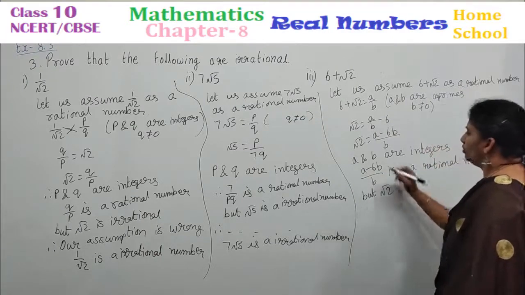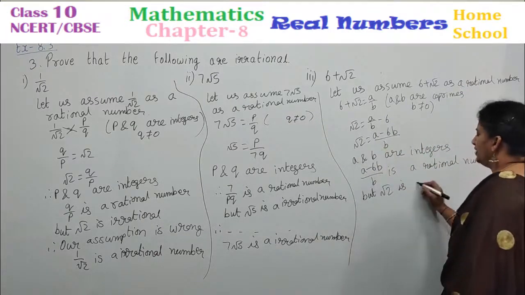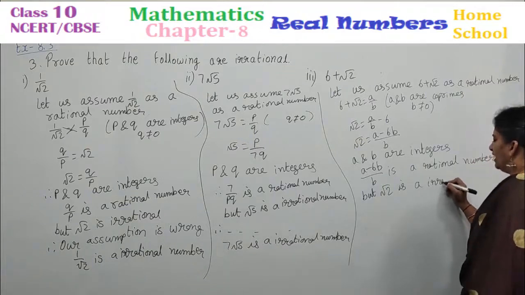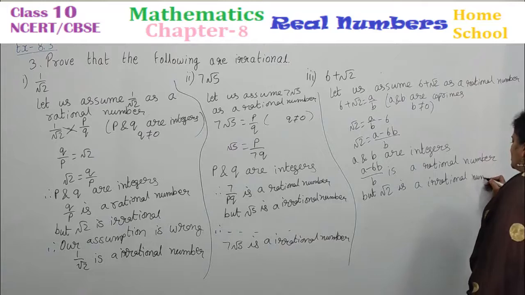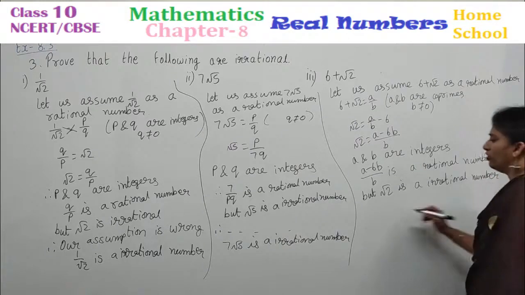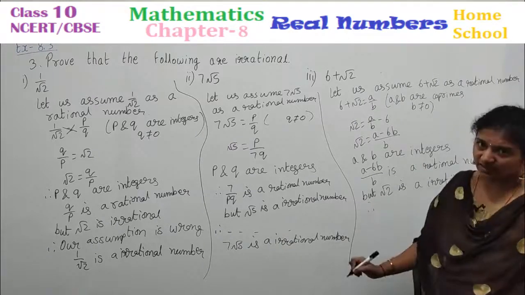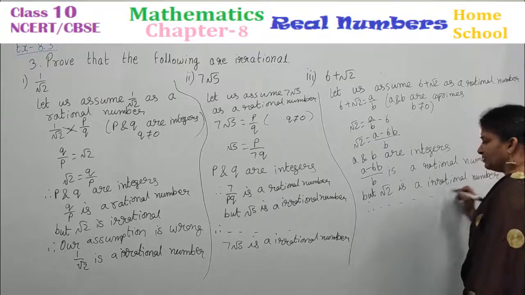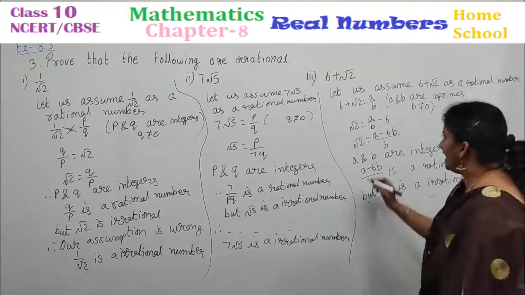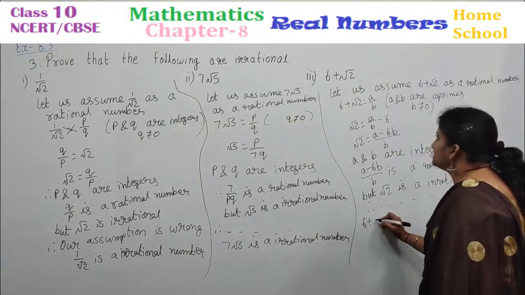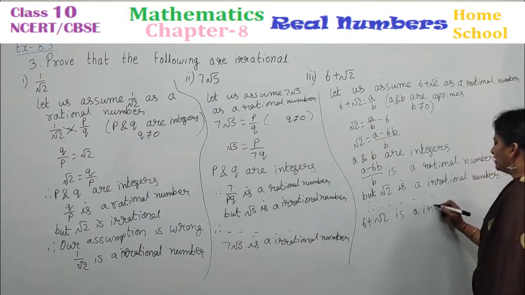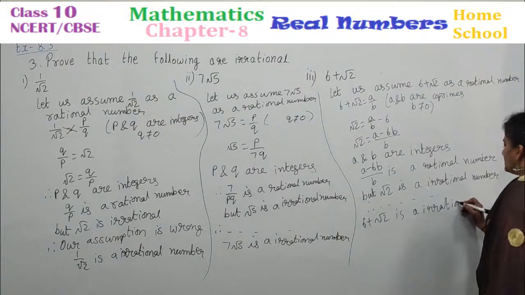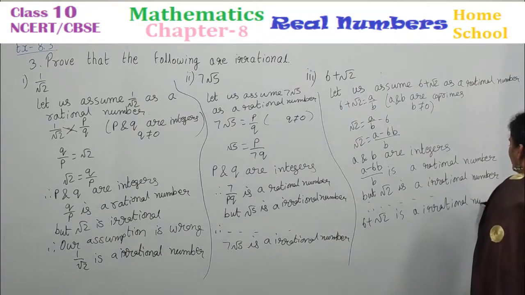But root 2, what is root 2, children? But root 2 is irrational. Root 2 is an irrational number. Therefore, my assumption is wrong. Finally, I say that 6 plus root 2 is an irrational number.